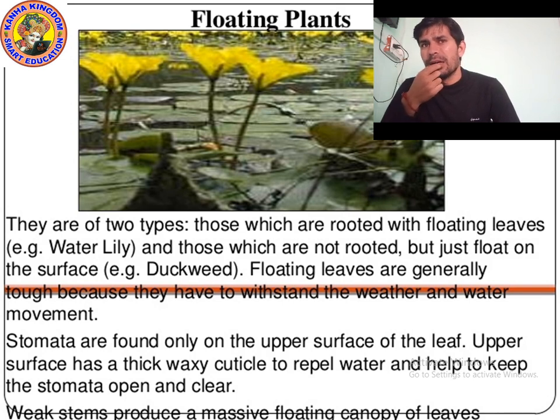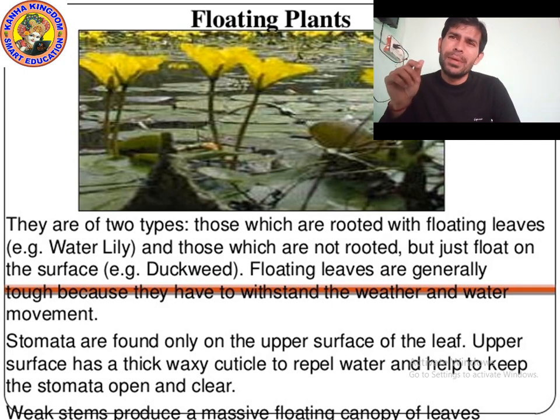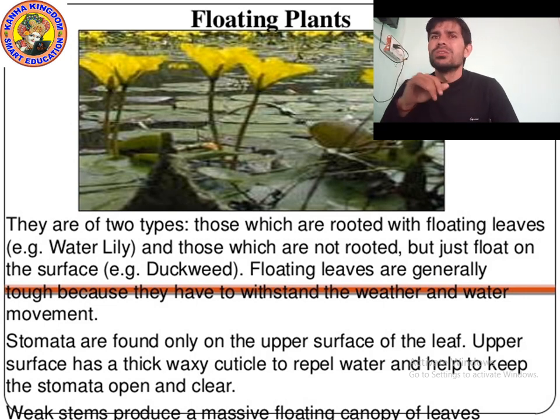If we talk about the stomata, the stomata are present on the upper surface, and the upper surface is waxy. Most of the plants of water have a waxy surface. Stomata are found on the upper surface of the leaf, which helps them to breathe in. The upper surface has a thick waxy cuticle to repel water.